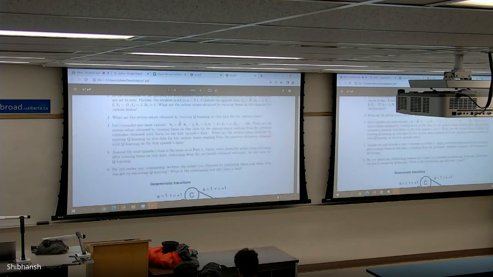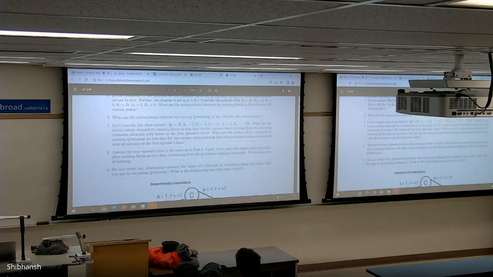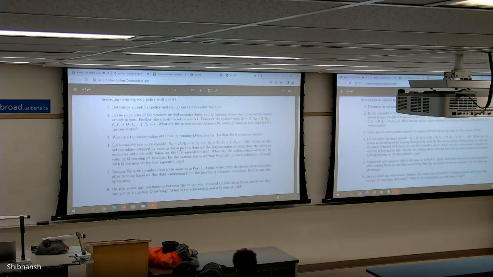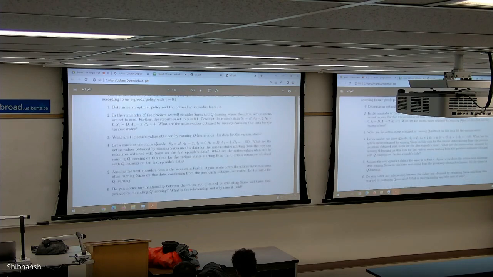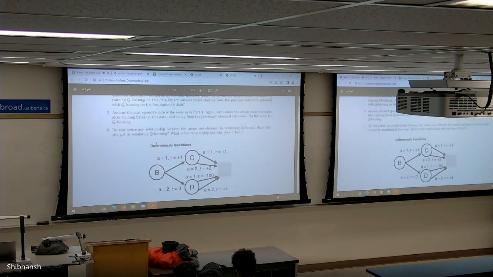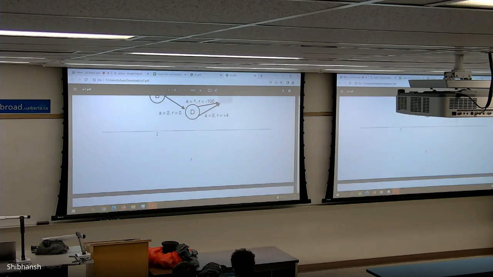So the very first question is a lot of text, but it's basically just have this MDP and then figure out things about it, like what happens to Q-learning. Has anyone looked at this worksheet? No one did. It just came out, of course. So the first time you see it.